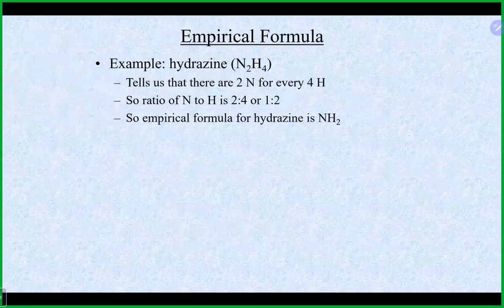Now, what are empirical formulas? Well, empirical formulas are very simple formulas that you can easily figure out in the laboratory. You could do a very simple experiment and come up with the empirical formula of a particular compound, which I think we might do a little bit later on in a couple of weeks, maybe.